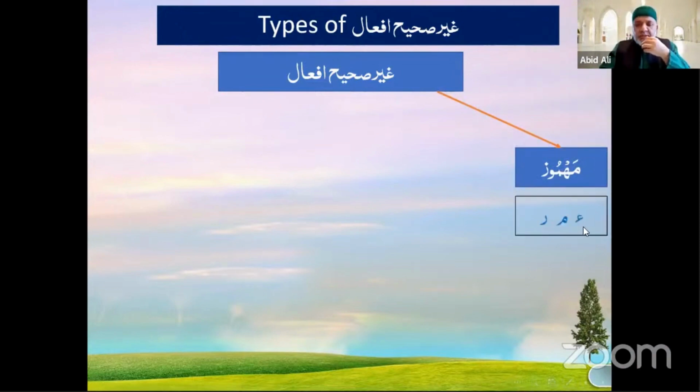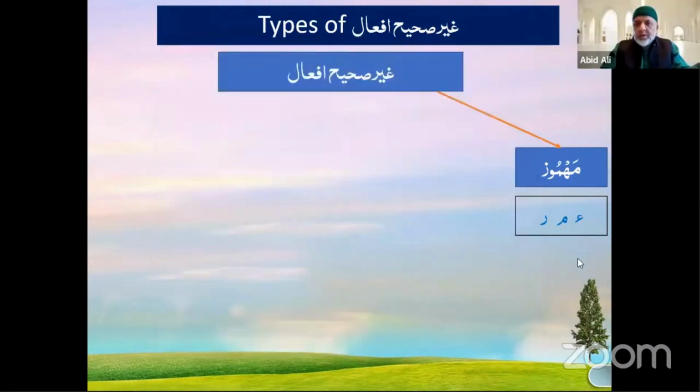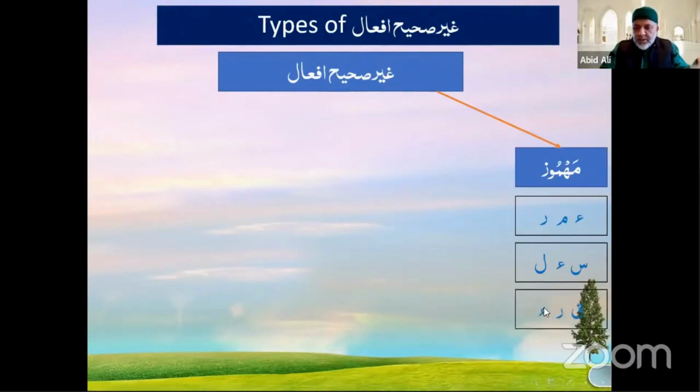Mahmuz means there is a hamza. Agree? Okay, hamza. And look, is there a hamza in the ain kalima here? Yes. And then in the lam kalima.